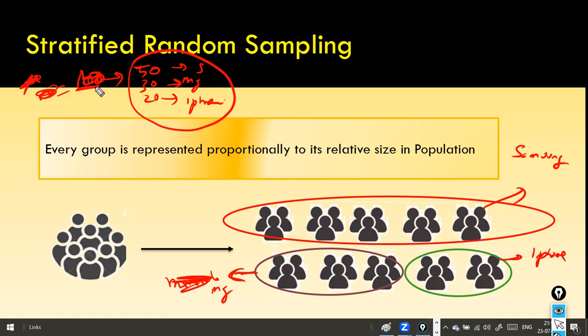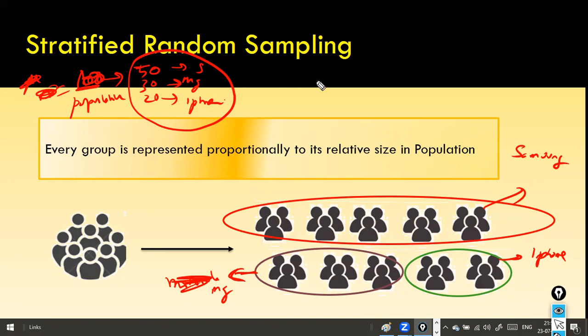In your population, you have 100 customers. 50 customers bought Samsung, and they have more affinity towards the Samsung brand only. They may hold more than one mobile phone, but all the mobile phones belong to Samsung. The same customer may have bought more than one Samsung phone. That's how brand affinity works: these customers are very particular about Samsung only.